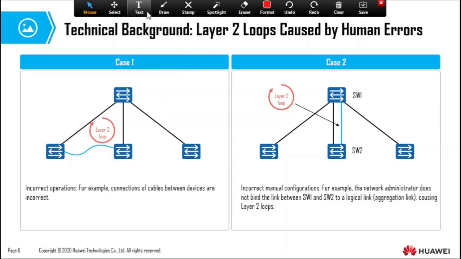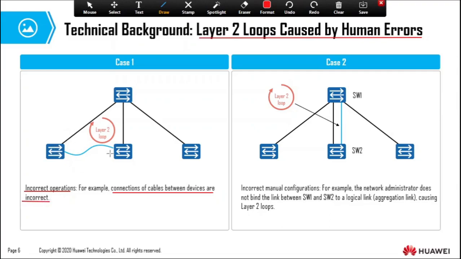Layer 2 loops can also be caused by human errors as a network administrator. For example, if you create a connection between these access switches here, then you have a loop. So number 1 is incorrect operations, for example, connections of cables between devices are incorrect.